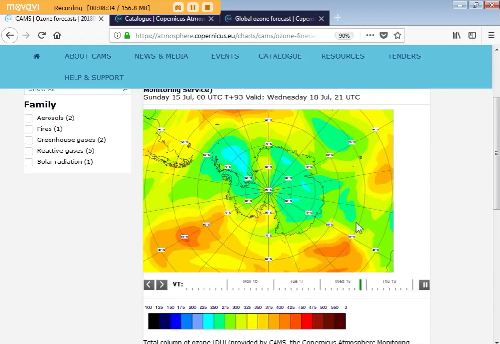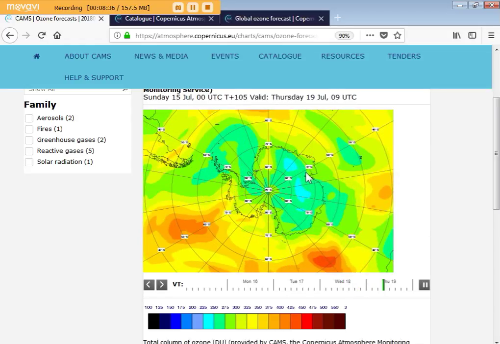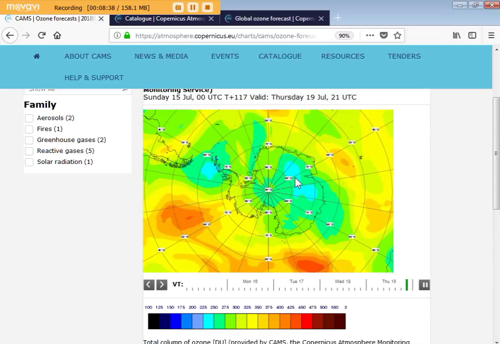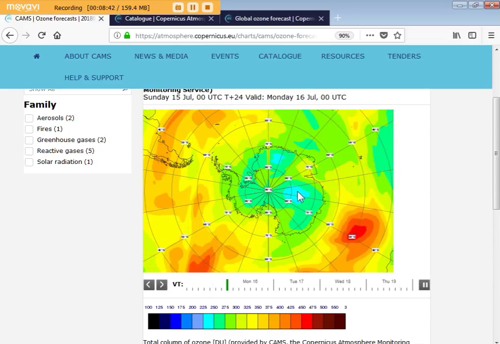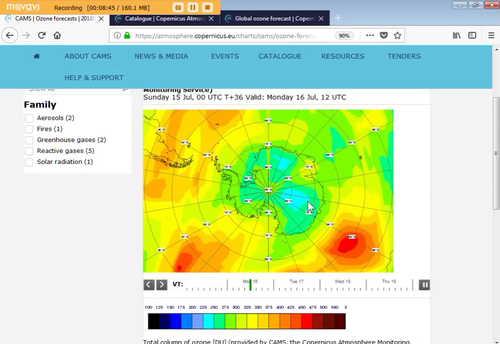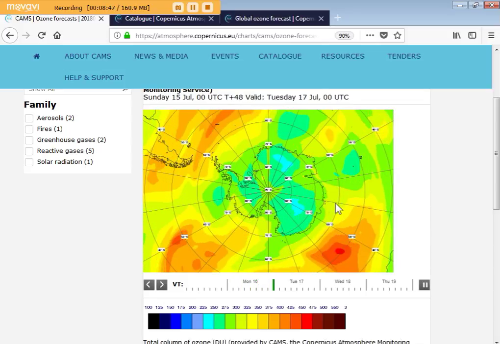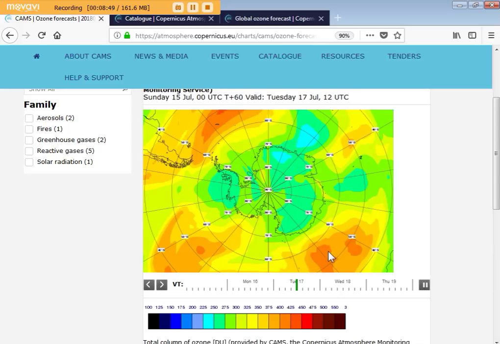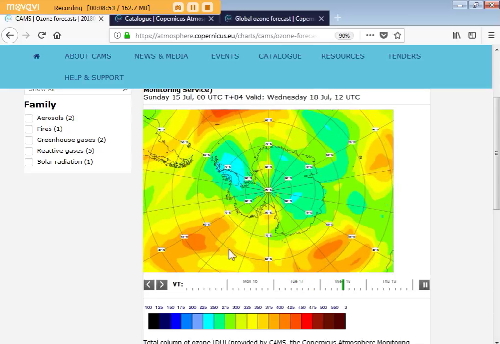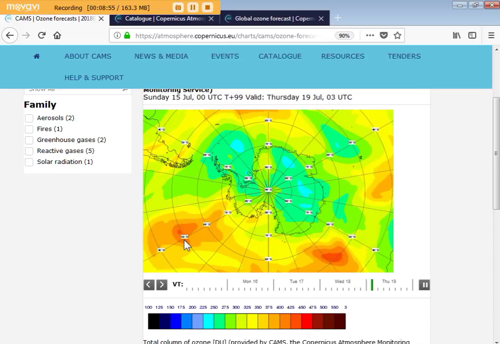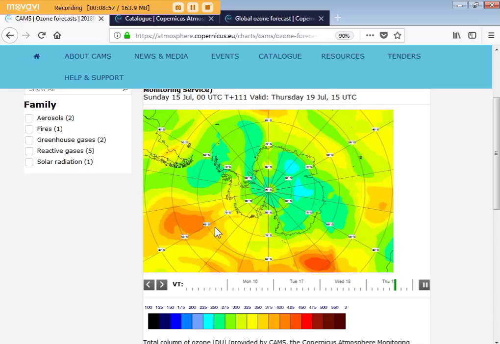So we can see how it does move around. It's not constant. It doesn't stay in one place. It does move around. But there are patches where it's thicker than other places, because you can see, like in the orange and red, it's quite a lot thicker, which frankly I'm surprised at, with it being winter down there.